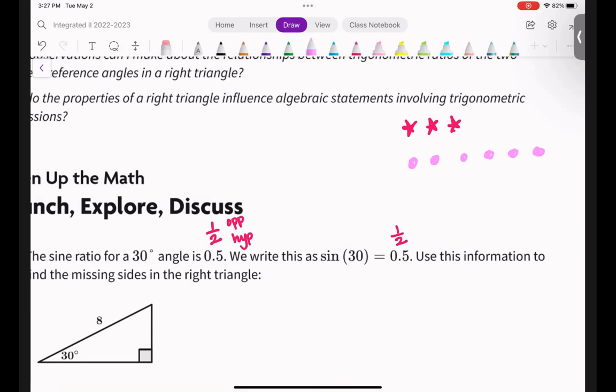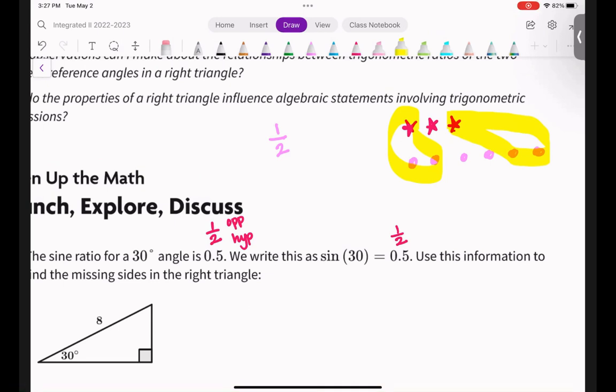So the ratio of stars to circles is 1/2, meaning for every one star, there's two circles. Does that make sense? It does not mean there is one star and two circles.